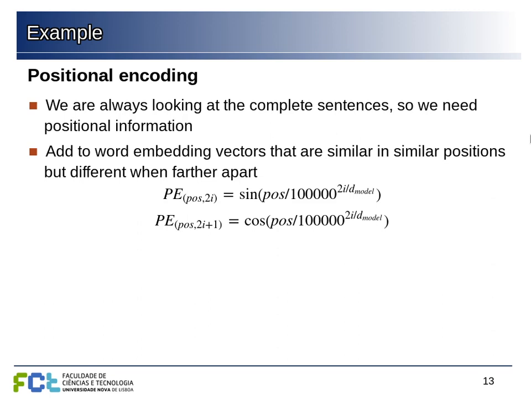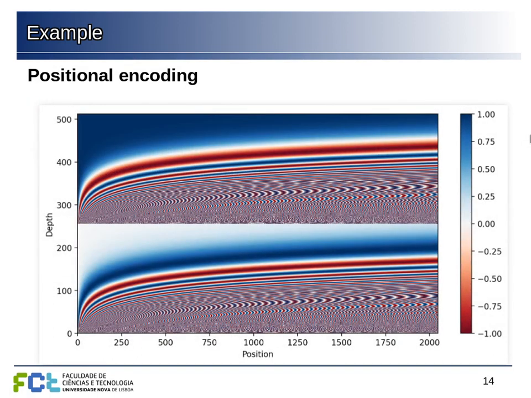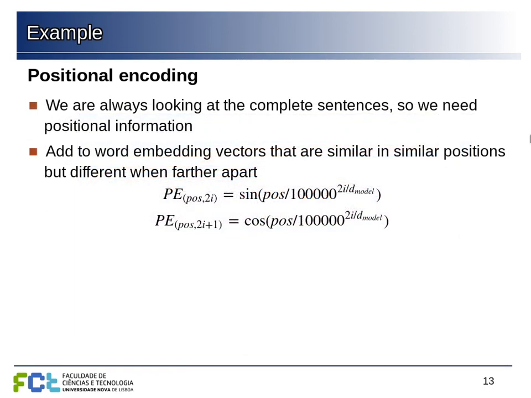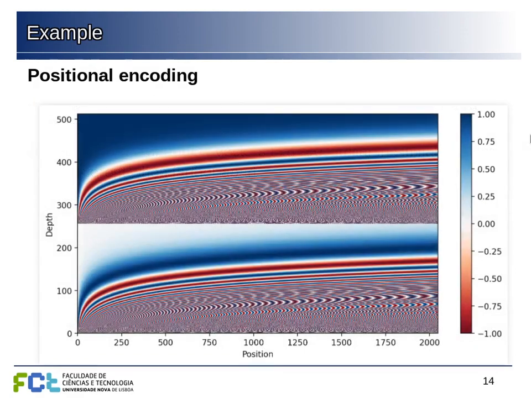This is a bit weird, but when you look at the graph, the color represents the value you get from these functions, and this is the depth of the representation. Let's say we are representing each word with a vector of 512 elements, and this is the position in the sentence.